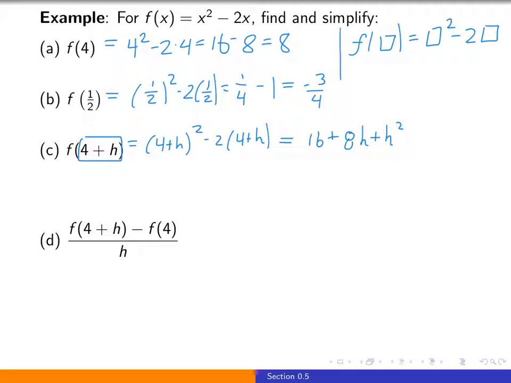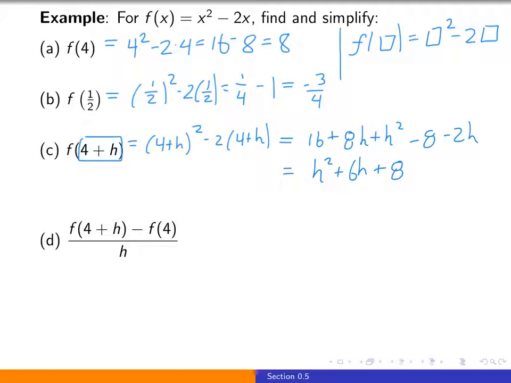And then what we're subtracting away, we can go ahead and distribute that minus 2 to both terms. So minus 8 minus 2h. Now combining all of our like terms, this becomes h squared plus 6h plus 8, since 16 minus 8 is a positive 8.